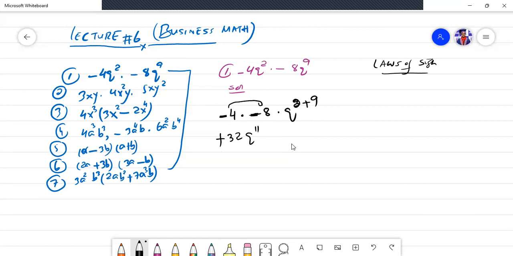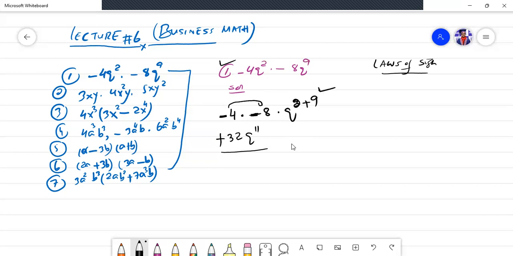So this is the answer of question number 1 here. Let me repeat how we will solve this equation. First we will arrange the numbers, then we will arrange the letters. If the letters are the same, then we will take the given letter as a common base. Then we will add the powers as we did here.